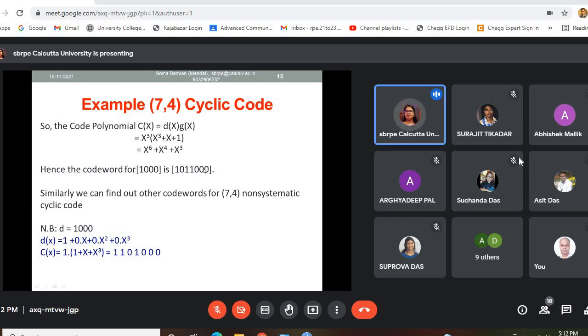So this is LSB and this is MSB: 0 0 0 1 1 0 1. This is for the data 1 0 0 0.